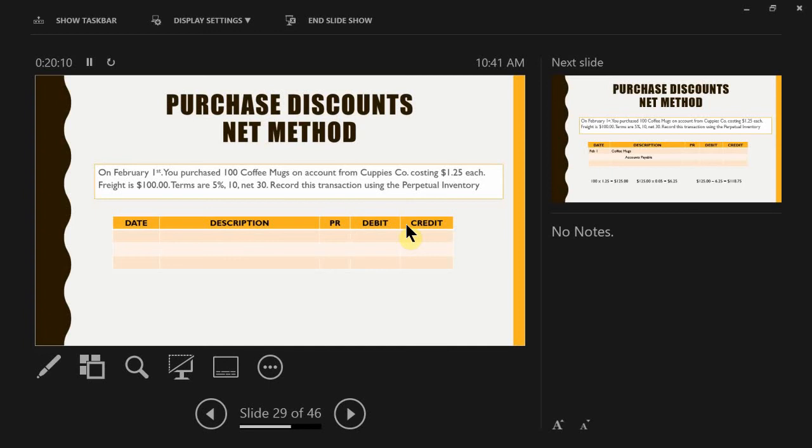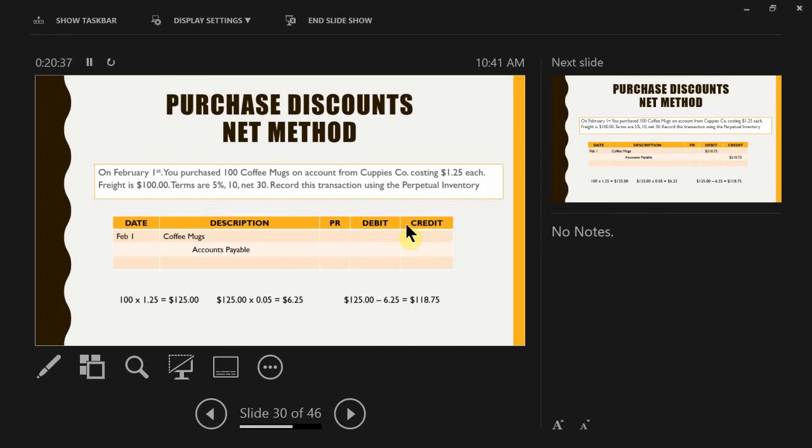Accounts payable, debit. No, you're not returning. Oh, debit inventory. Yes, you're going to debit your inventory, which is the coffee mugs. And then accounts payable. Good. Now, we also have to include the discount. So in this case, the discount is 5%.